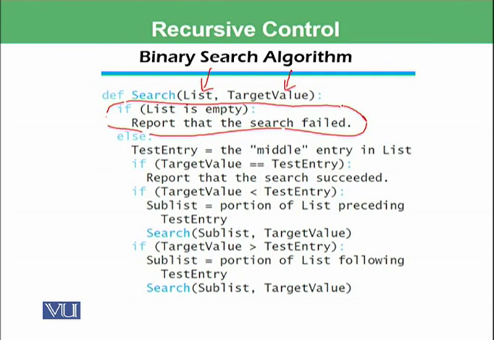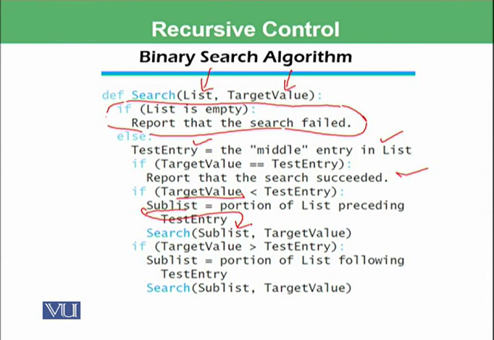Then we moved on to select the middle entry from the list and put it in the test entry, and then see if the test entry is equal to the target value, then it's okay, we have found the required name. However, if target value is less than, then select the sublist, that is the portion of list preceding the test entry, and that sublist should be passed to the search function again.